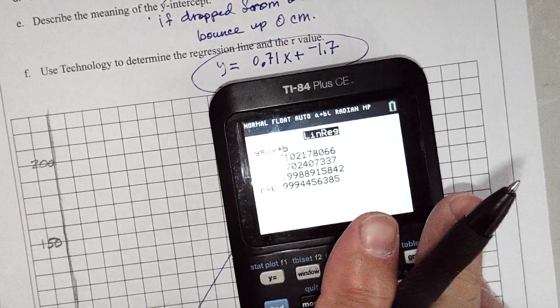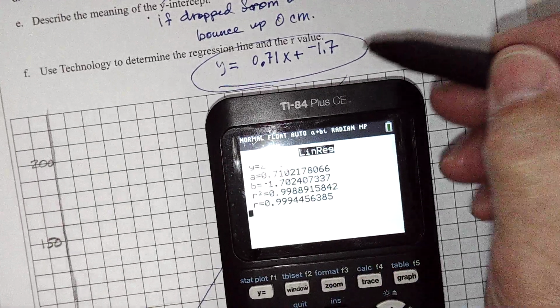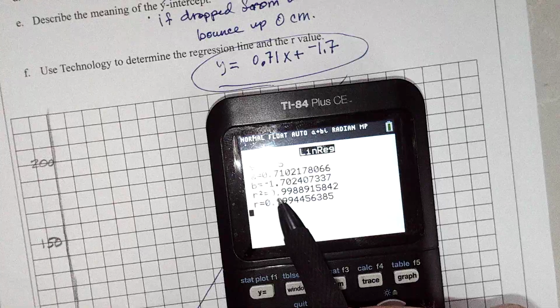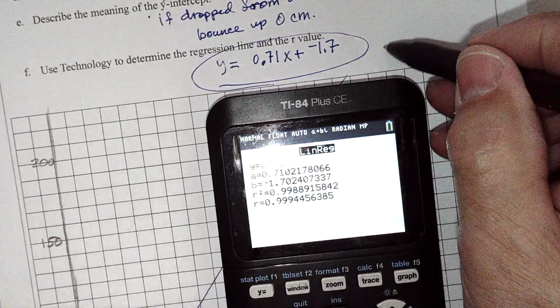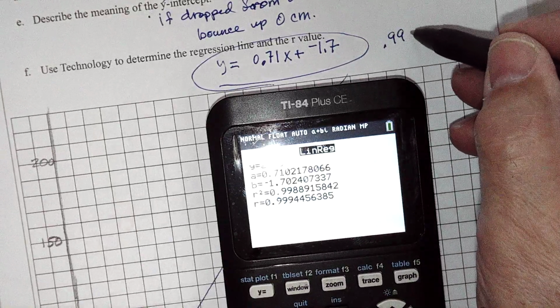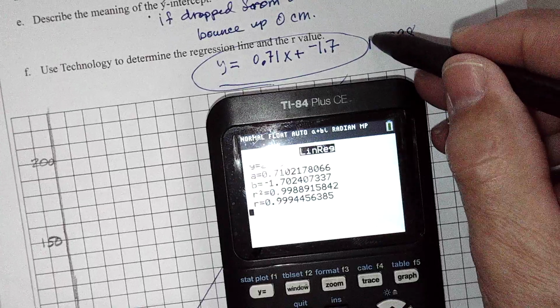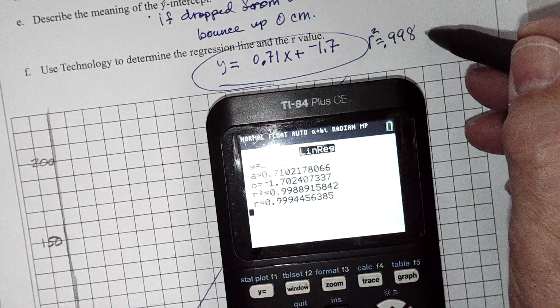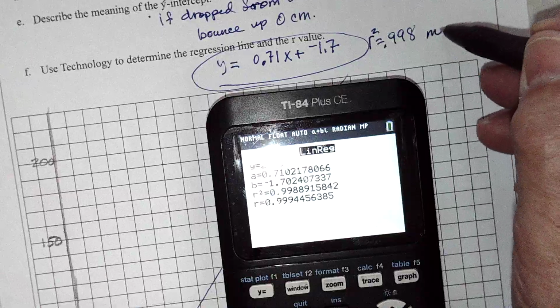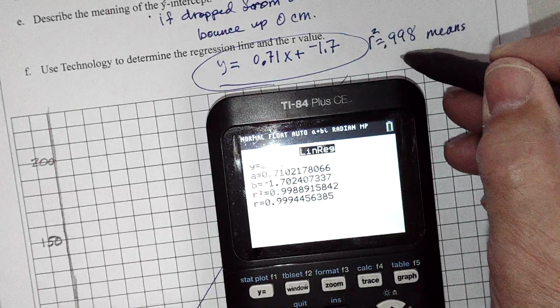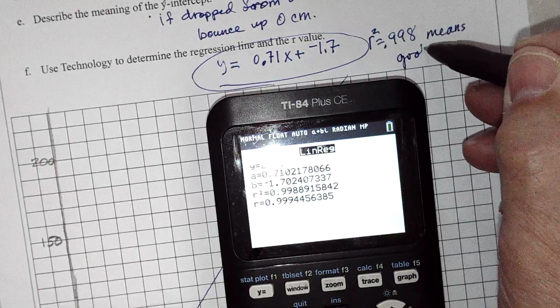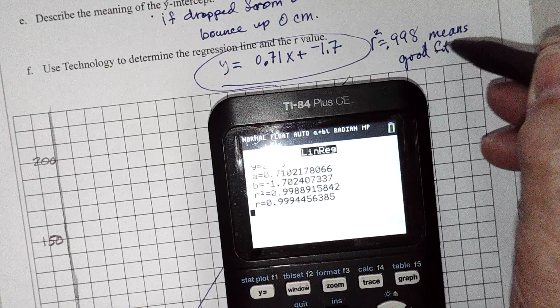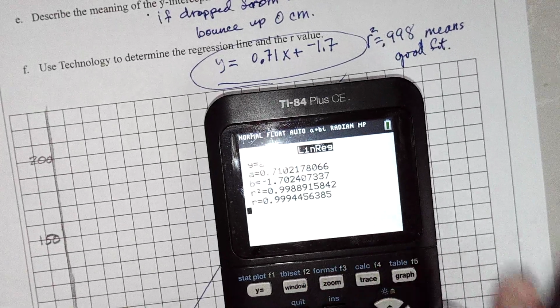I need to put the numbers in. And how well did it fit? Well, it said r squared is 0.998, which means a good fit. The line gets really close to all the dots.